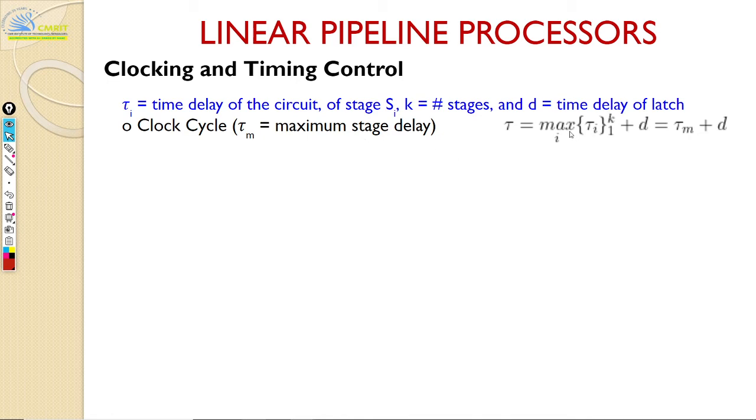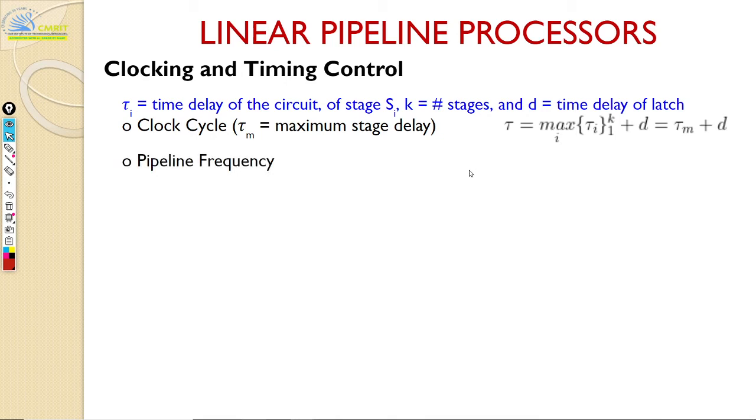It's nothing but the maximum of all tau i. And you also add a latch delay. You just add one latch delay because all the latches are getting triggered at the same time. So you add one more component to it, plus d. Clear, guys? These are very, very important.